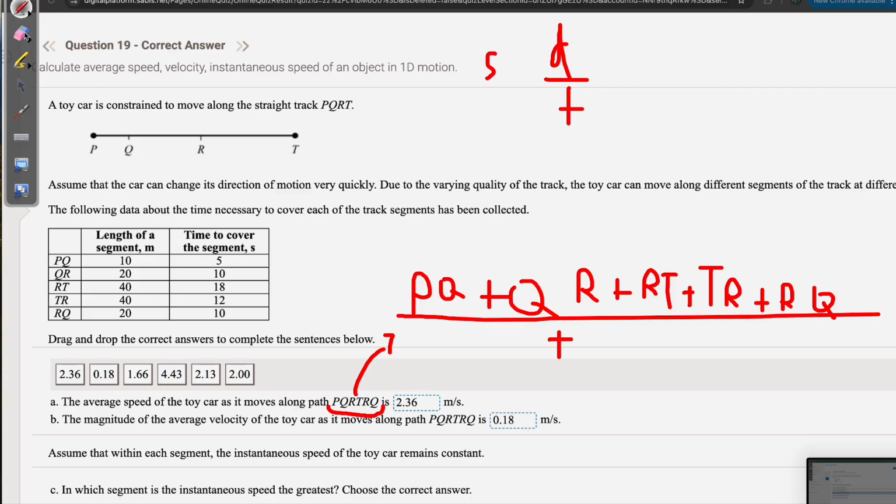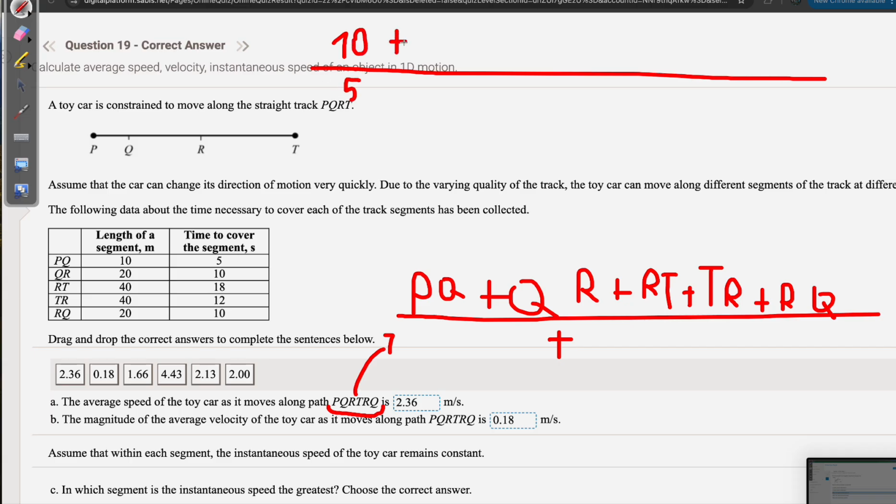So let's start adding values. The distance of PQ is 10, and the time it would take is 5. What's QR? QR is 20, in how many seconds? 10 seconds.